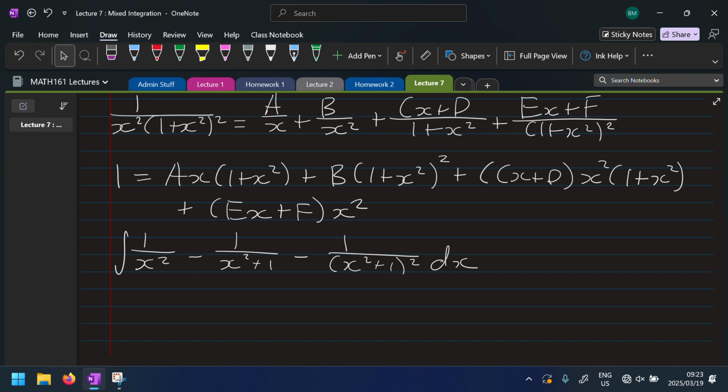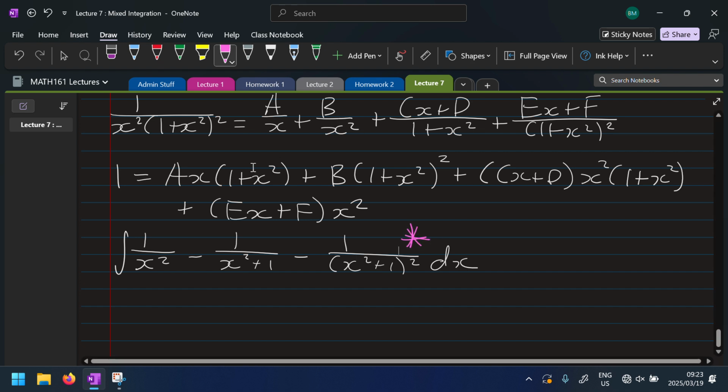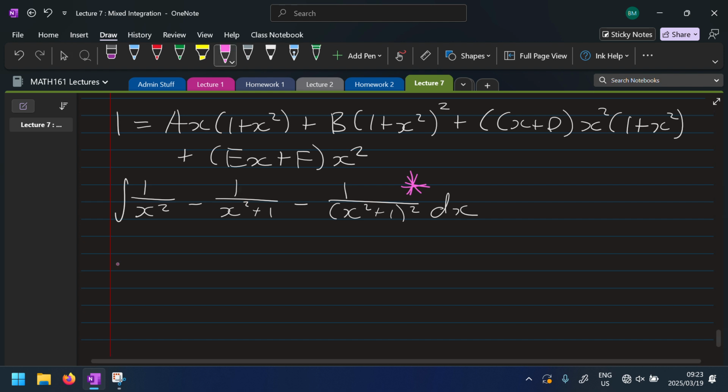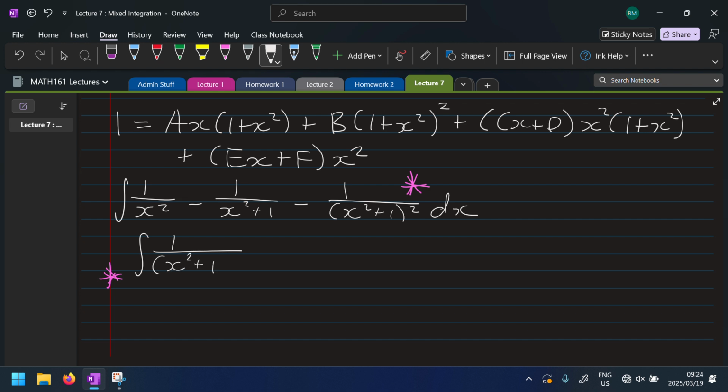So what we're going to do is a trig substitution, because it's x squared plus 1. Homework, you can try the hyperbolic version. So let's look at this more difficult one: the integral of 1 over (x squared plus 1) squared.